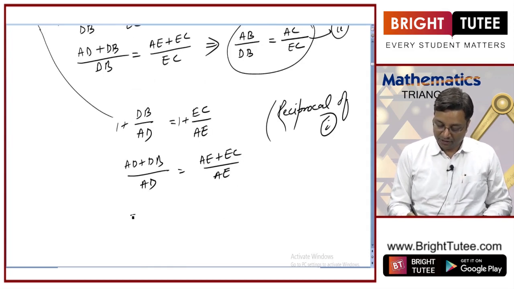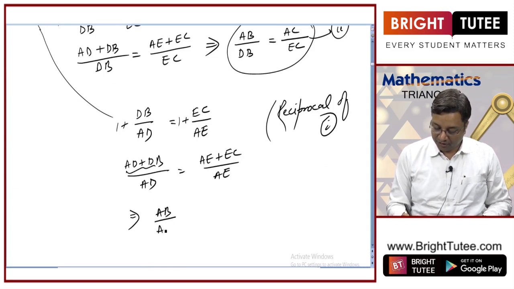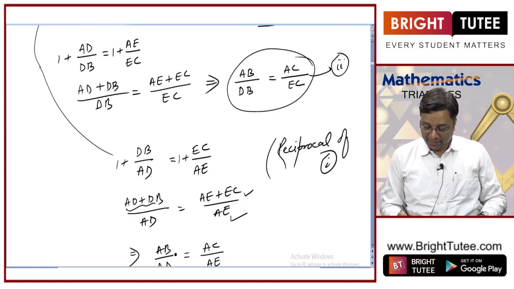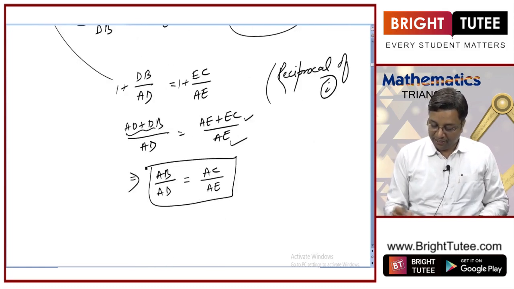This time the numerator is AB, and in the denominator we have AD, and here AC with denominator AE. So, AB by AD is equal to AC by AE.